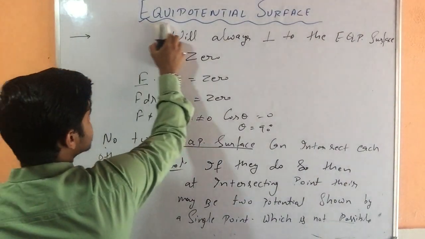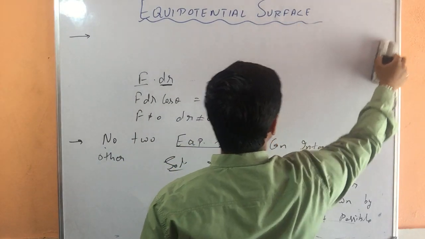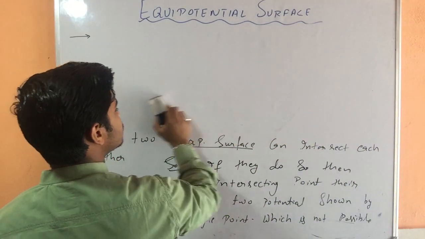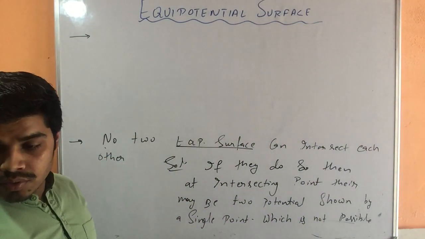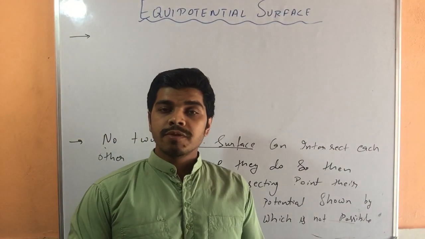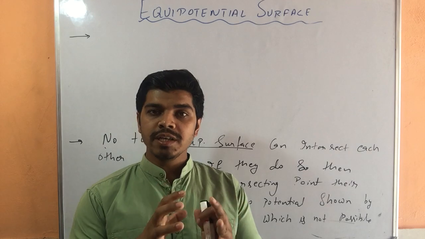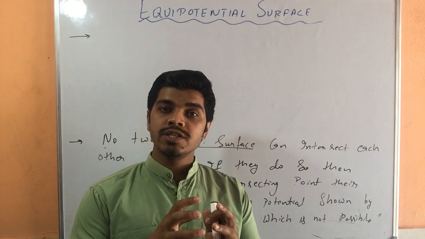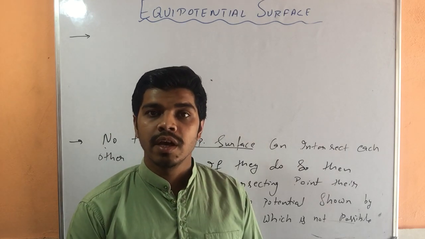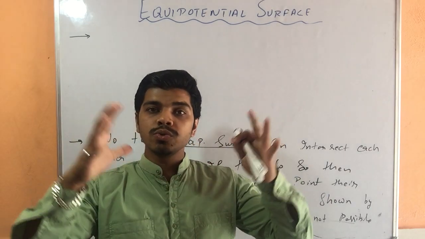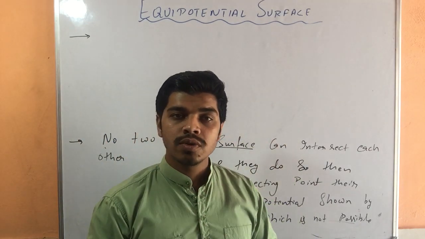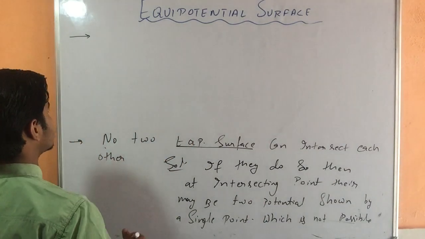One more property is there, which is: equipotential surfaces for a single charged body will be near to each other at a region of higher electric field, and farther from each other at a region of low electric field.